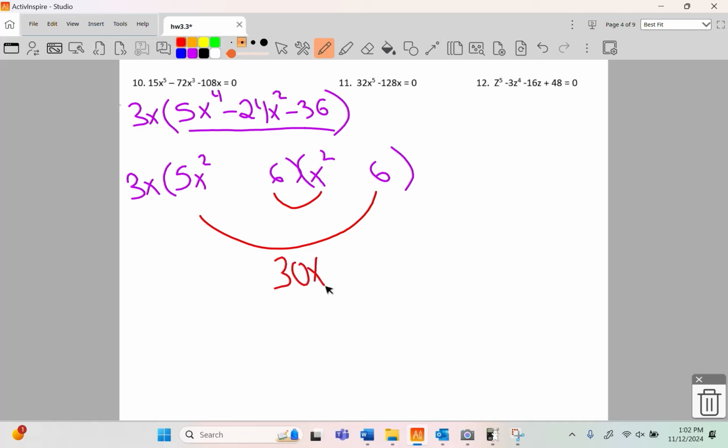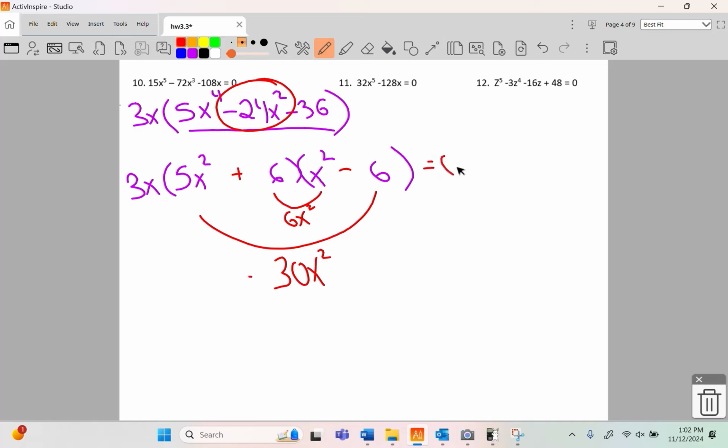Make your 30x squared. What would the inside make? 6 times x squared. 6x squared. The goal is negative 24. How do you take your 30 and your 6 and get negative 24? Negative 30 and a positive 6.